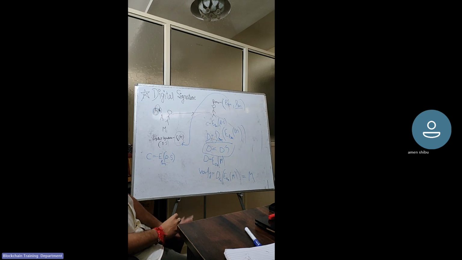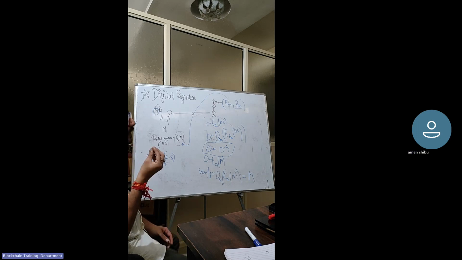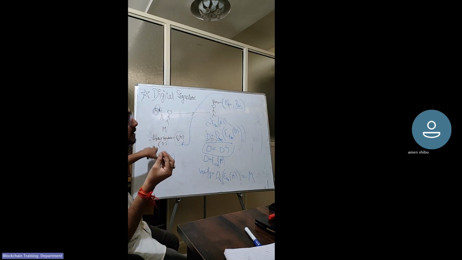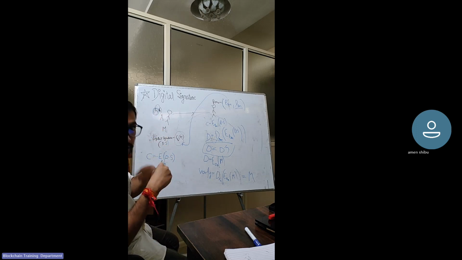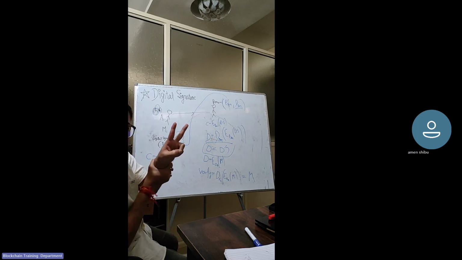Don't get confused. It's similar to what we learned yesterday. To make A's digital signature confidential, we apply the same asymmetric cryptography algorithm that we applied yesterday. Two processes are taking place.